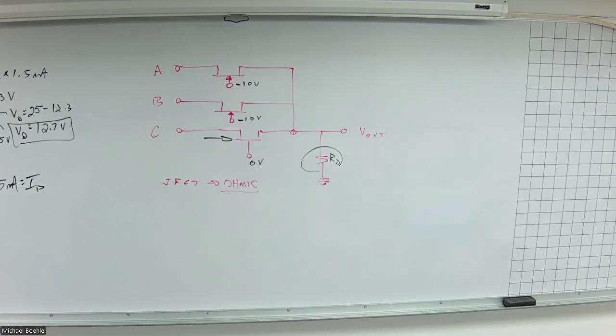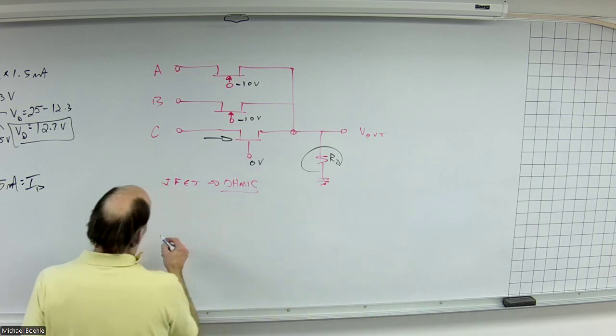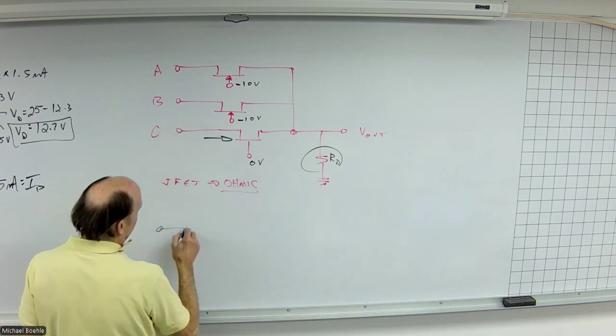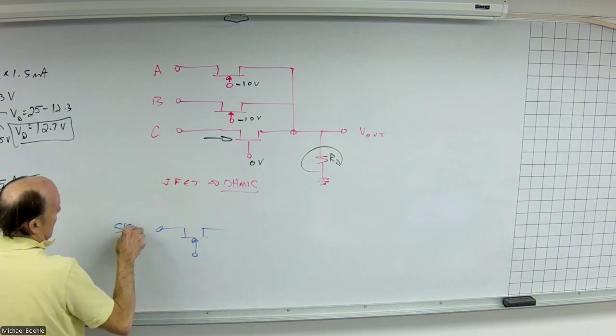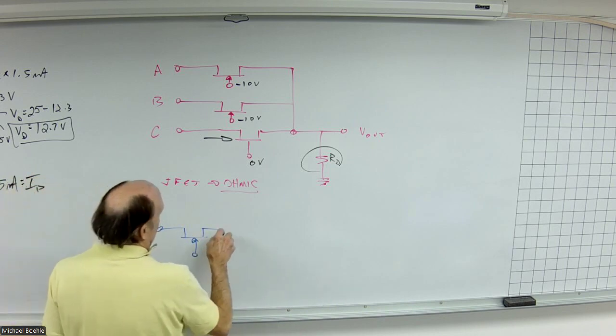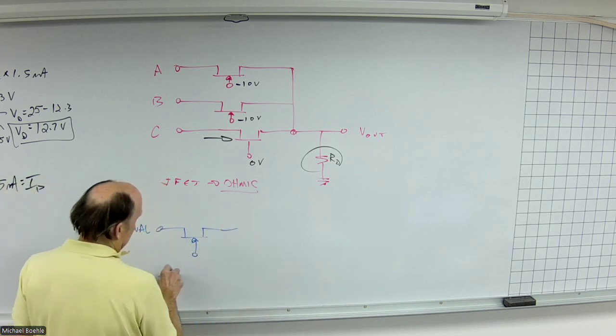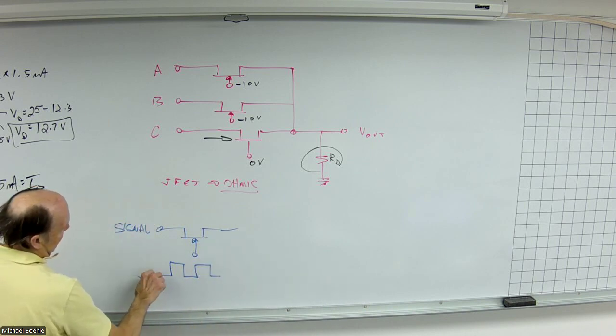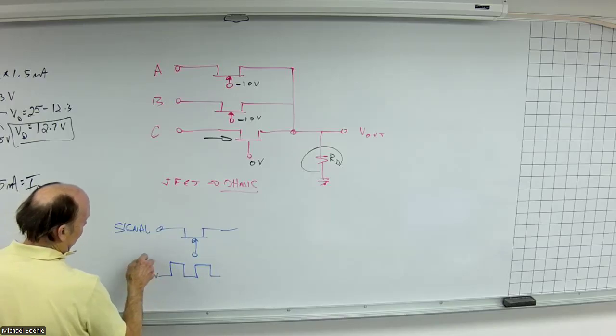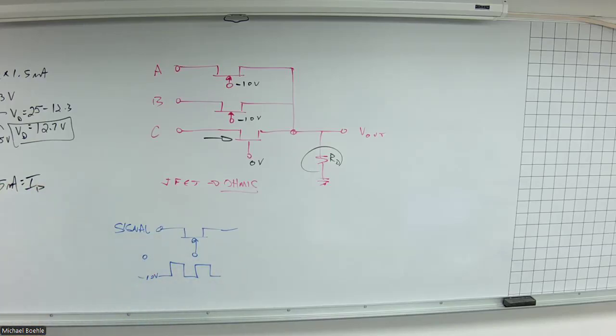We can also use a JFET in a similar manner. If I use my JFET to take a signal and turn it on and off, say 10's a nice voltage, going between 0 and minus 10 volts, I'm turning this JFET on and off.